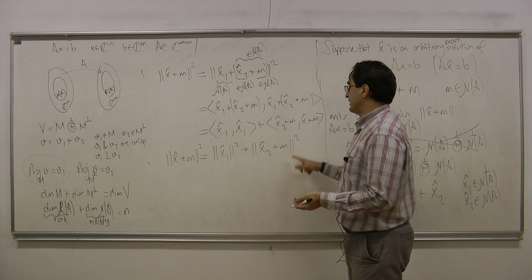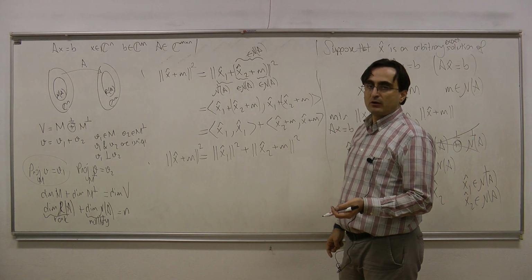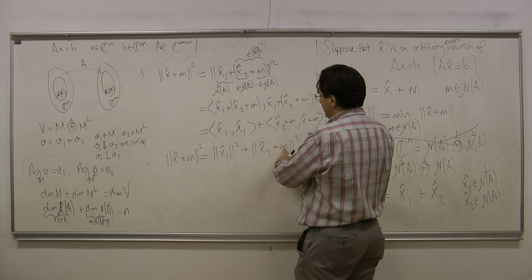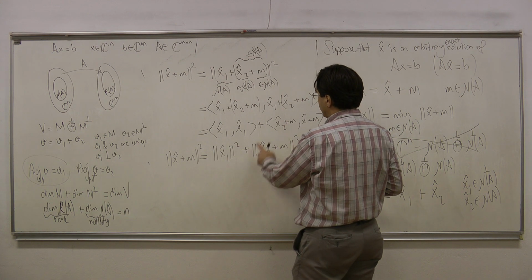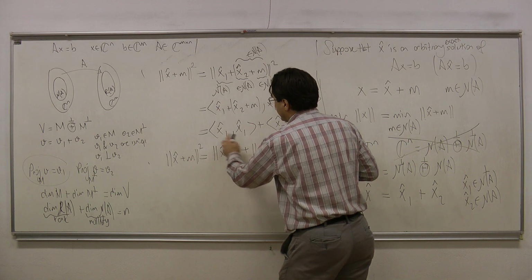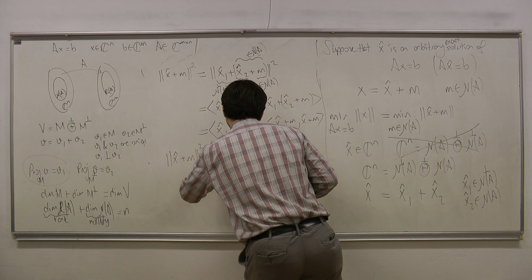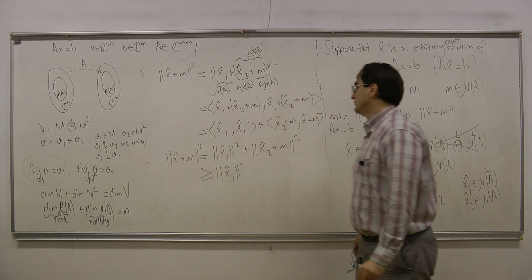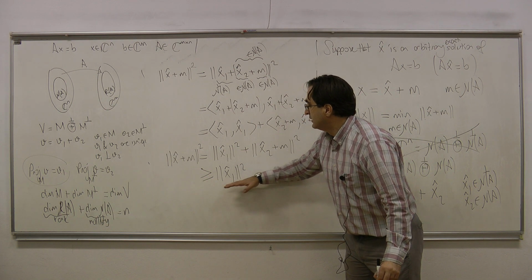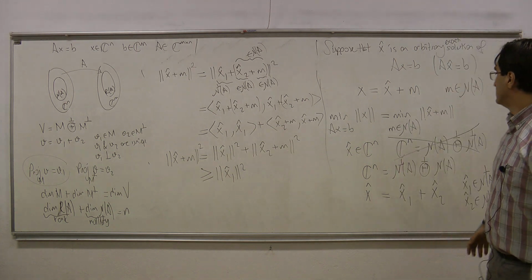This norm square is dependent on the optimization variable m, and this norm is always constant. Okay? So that means that whatever m value I choose, because this norm is non-negative, this norm square is always larger than or equal to this constant, x1 hat norm square. I always have this inequality, so x1 hat norm square is a lower bound for the function that I would like to minimize.